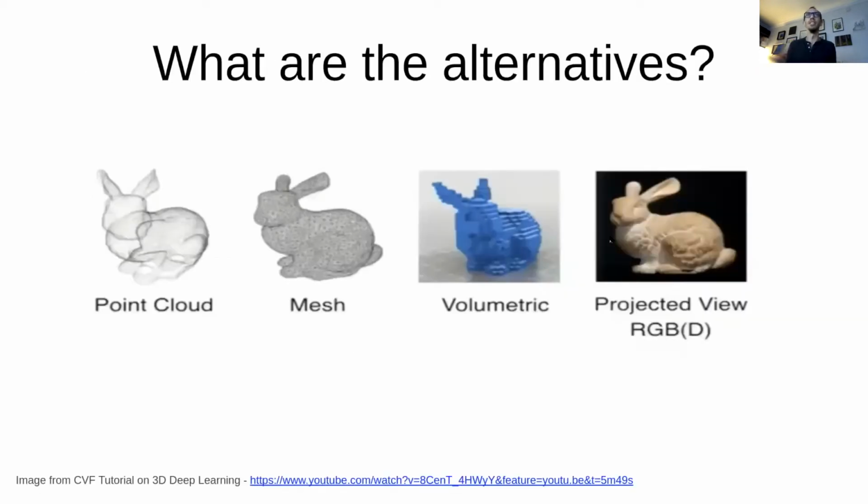Traditionally in machine learning, we see 3D research focusing on point clouds, meshes, a little bit on voxels, and even perhaps projected views. But each of these representations is lossy or is sampled from the underlying data.